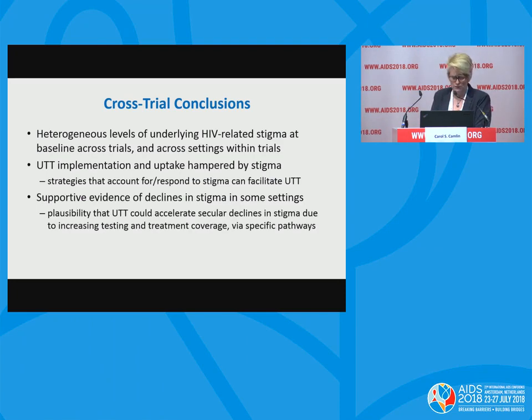There is supportive evidence of declines in stigma in some settings, and evidence of the plausibility that test and treat could accelerate what would be secular declines in stigma because of increased testing, because of increased treatment coverage via specific pathways. And future efforts should really tap this synergy of test and treat and stigma reduction.